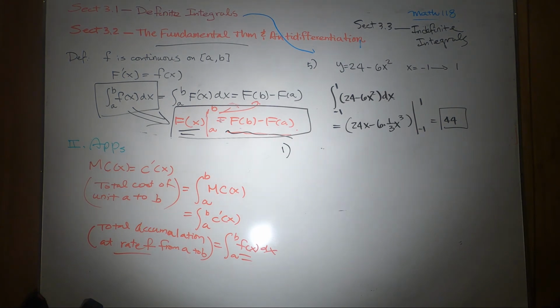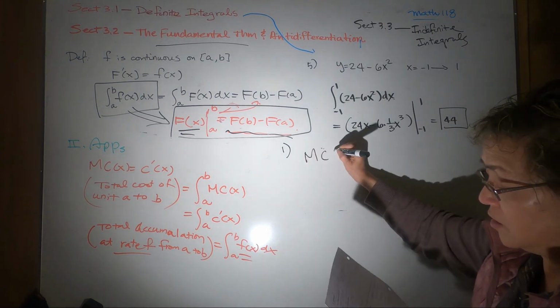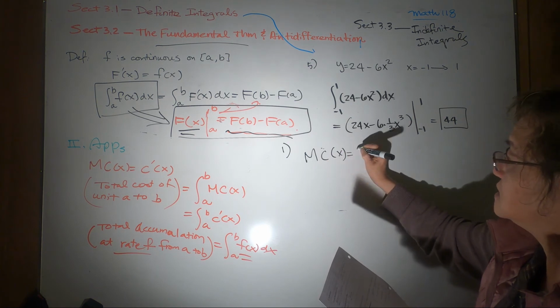All right, so let's see some applications. It says finding the cost of a succession of units. So if a company's marginal cost function is such, marginal cost is this one.